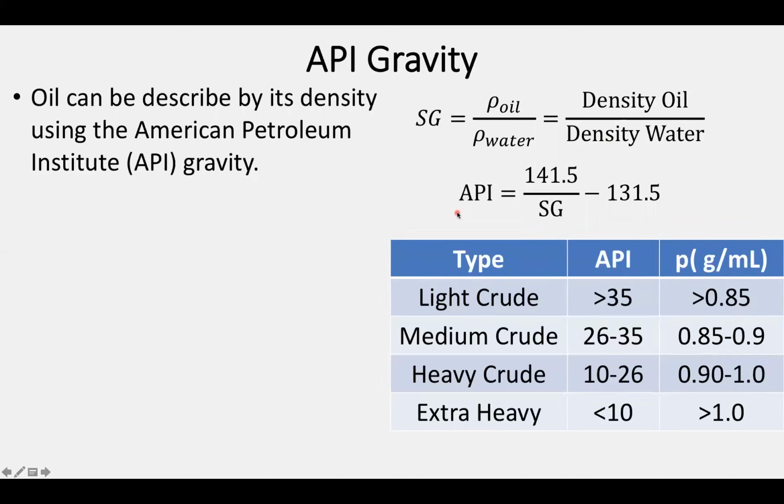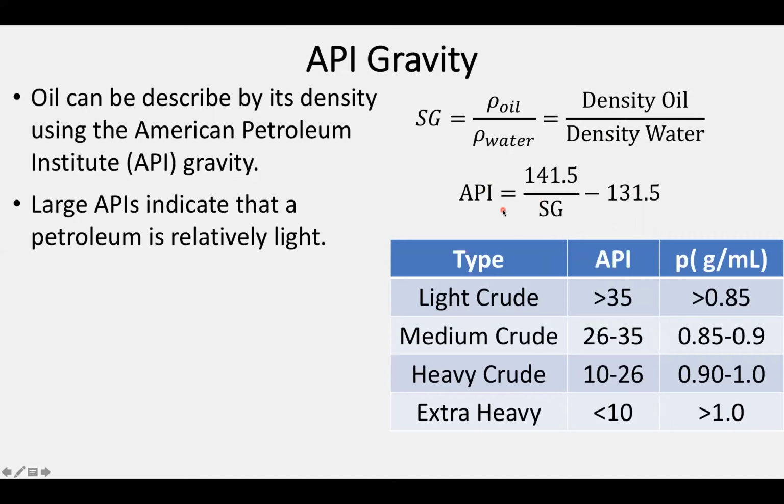And then this can be corrected to the API gravity, where what we tend to see is that if you have a large API, this tends to indicate rather low specific gravities, and thus fairly light weights.